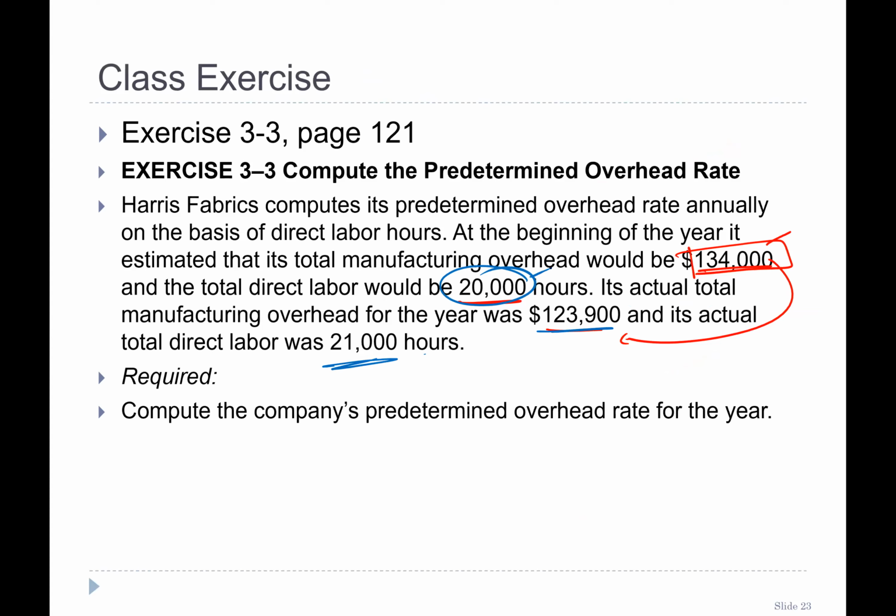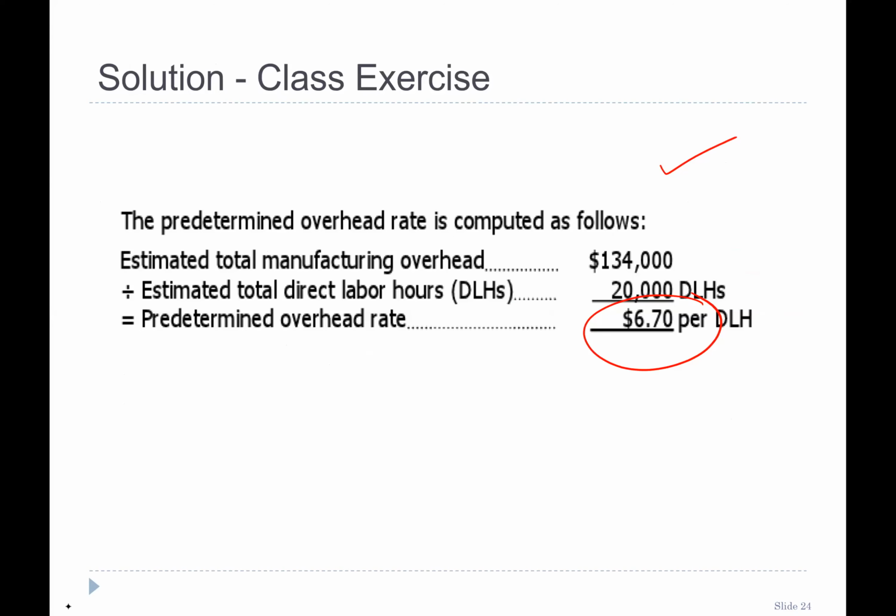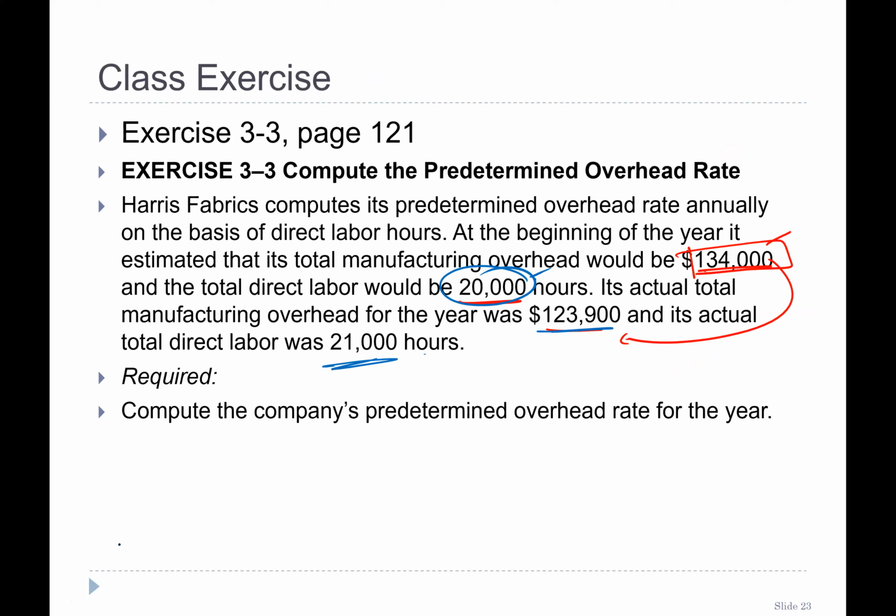Guys, participate. Yes, I understand what you're saying, but I don't really understand because, from what I think, this POHR came out 6.7, but I think we can also put the same formula, like 123,900 divided by 21,000.